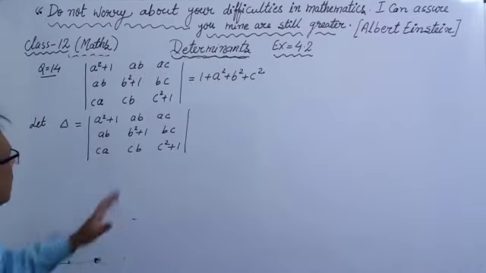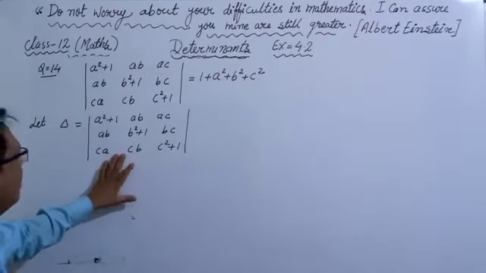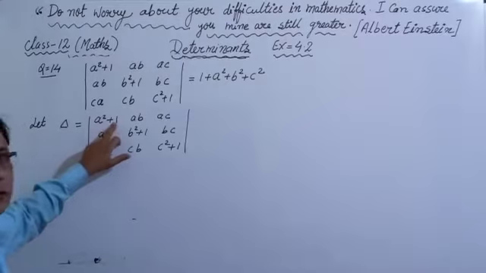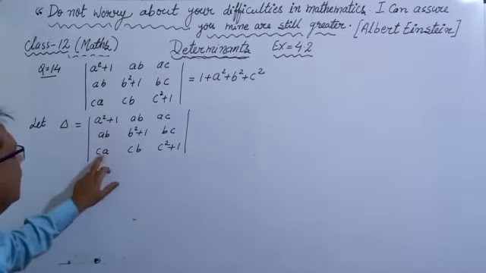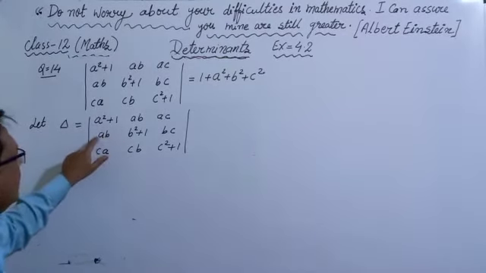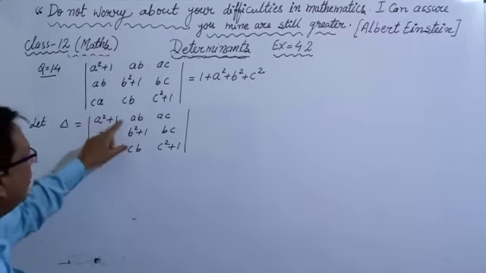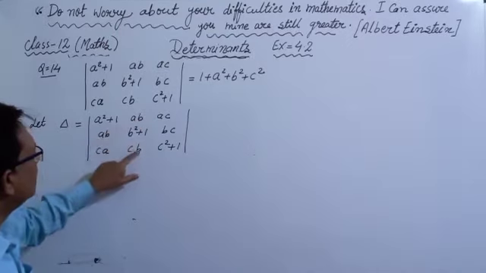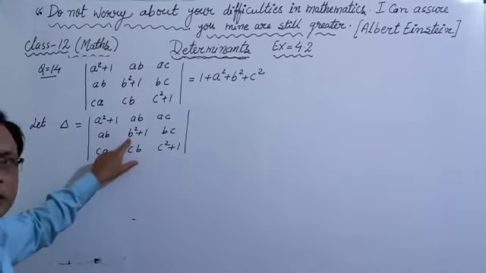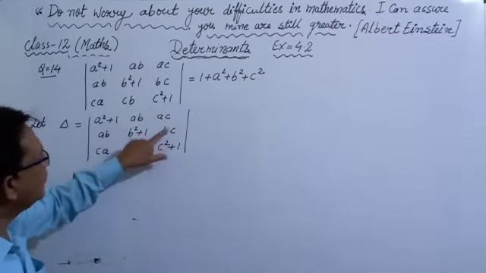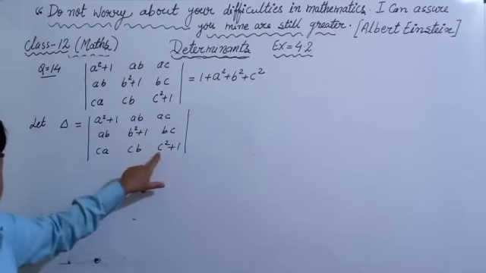Now watch the determinant carefully. Here we see a square plus 1, here ab, here ca. A is present here and here also, but here a square is present. Now here we see b is present, but here b square is present. Here c is present, but here c square is present.